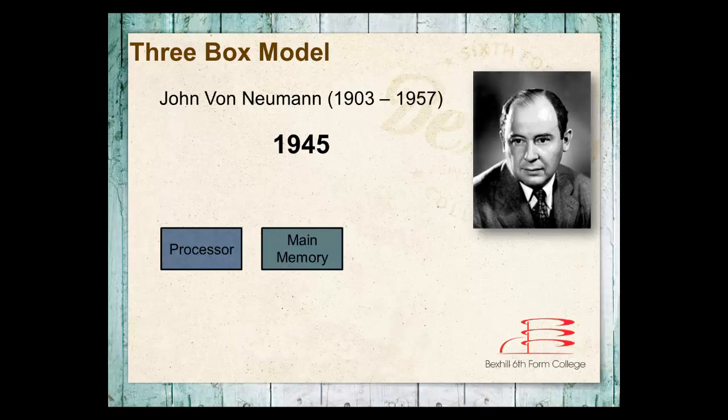There is main memory. Main memory is the simplest of all of the parts. It's simply there to store the instructions and data of the computer. The third and final component is the I/O, or input-output. This allows this computer to communicate with the outside world, with devices outside of itself.